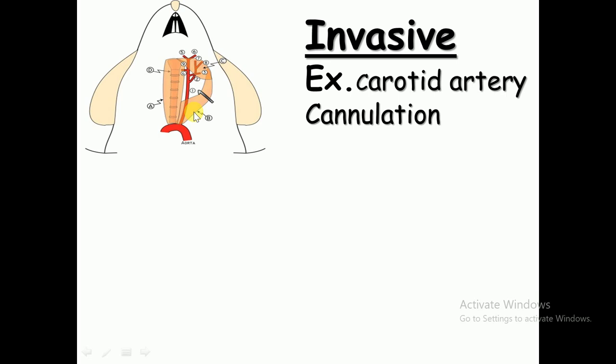So if there is a requirement of any incision for any pharmacological estimation, for example carotid artery cannulation, if you want to record the ECG, the pulse rate, the beats per minute of the heart, you will cannulate the carotid artery, which has left and right divisions from the aorta.